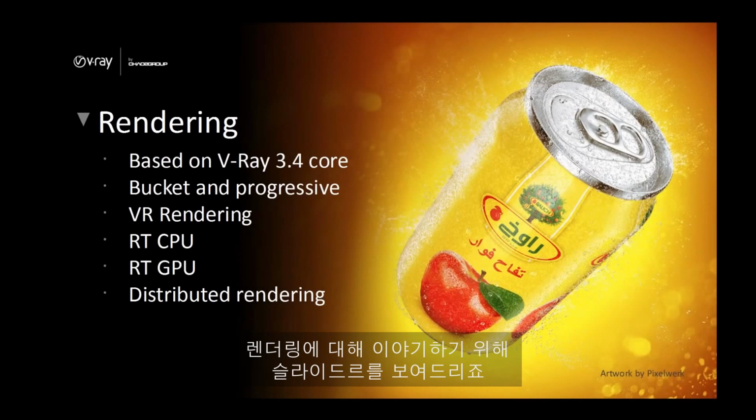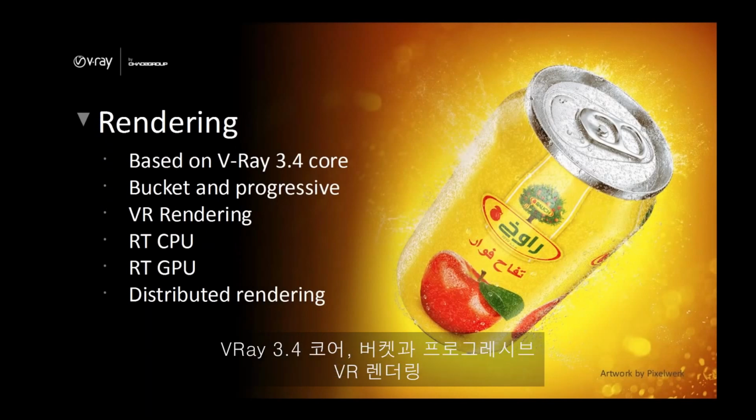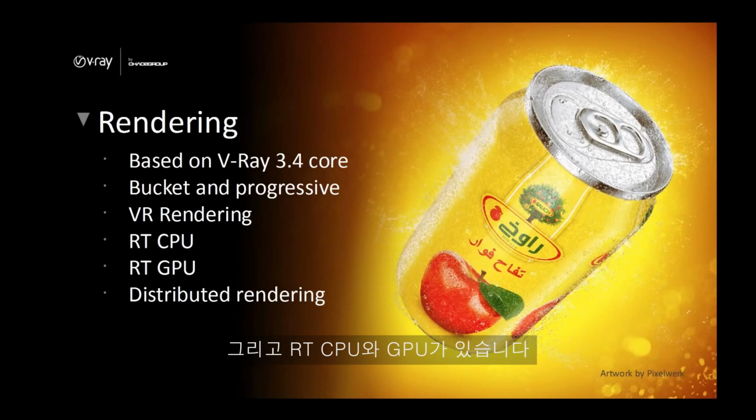I started speaking about rendering and missed showing you the slide. So we went over VRay 3.4 core, bucket and progressive rendering, and RT CPU and GPU. Two additional interesting things you see on this list are VR rendering, virtual reality rendering, which is very easy to achieve in VRay.